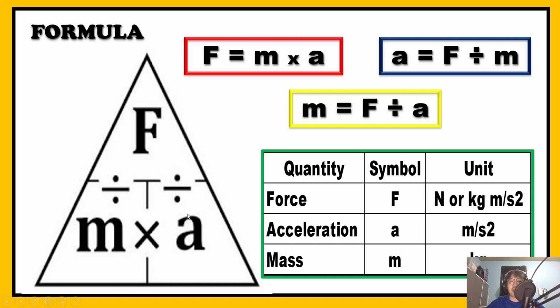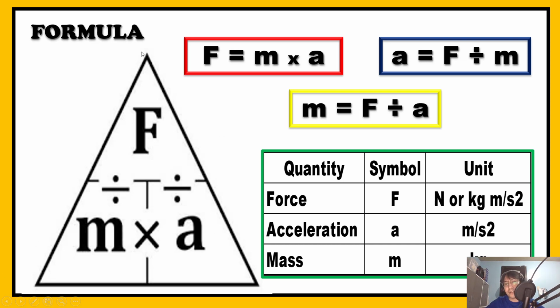You have to multiply mass and acceleration. Next, if you will be finding acceleration, you need to get the quotient of force over mass. And for mass, you have to get the quotient of force over acceleration.